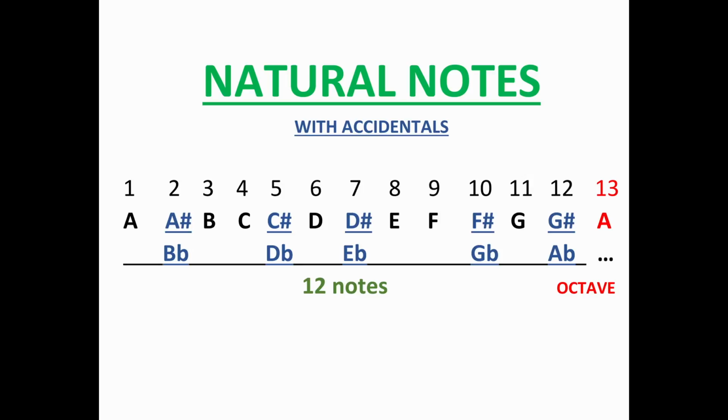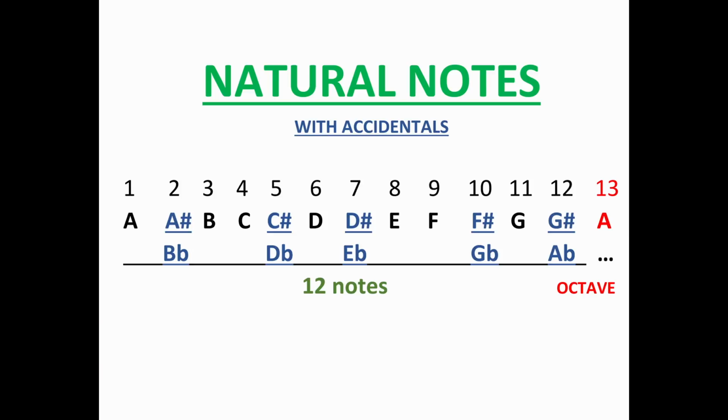Further, at G we get G sharp. G sharp can also be called A flat, because after G we get our octave, that is A. So from A to A, one octave will be completed. So you can call G sharp and A flat basically the same note, enharmonic to each other.